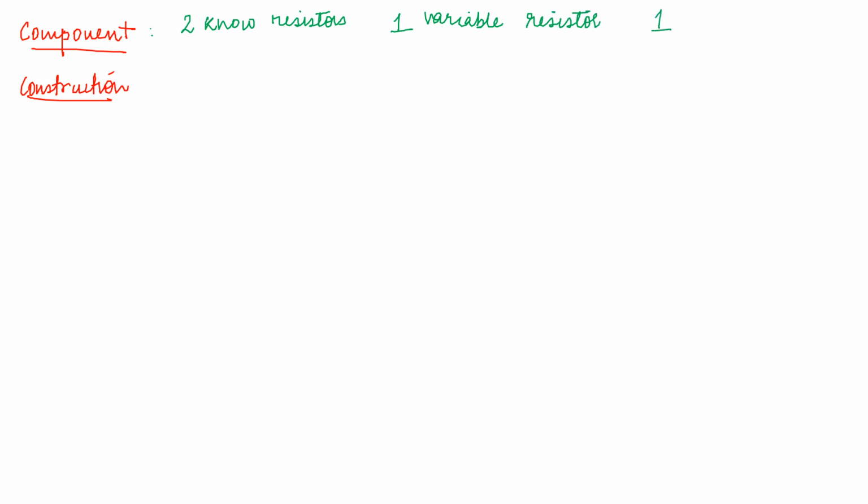The components of a Wheatstone Bridge are two known resistors, one variable resistor, and one unknown resistance whose value we need to find out.